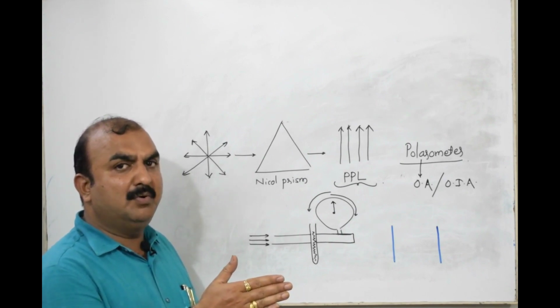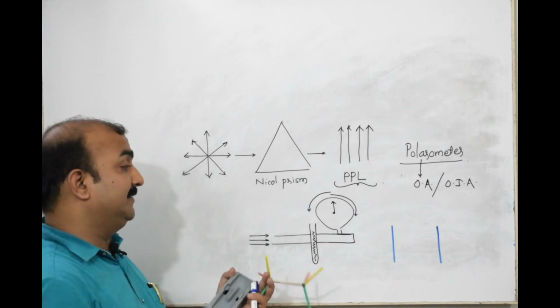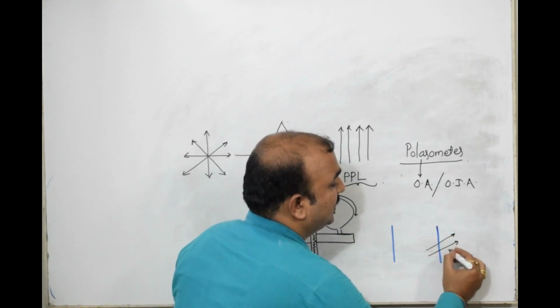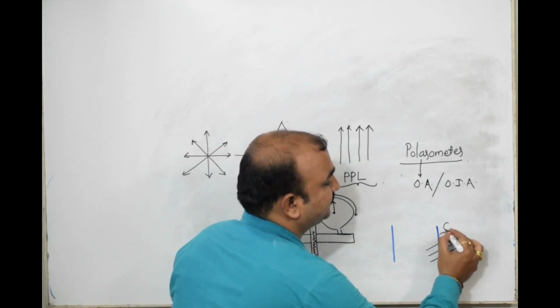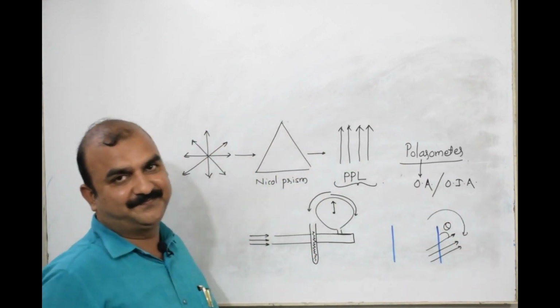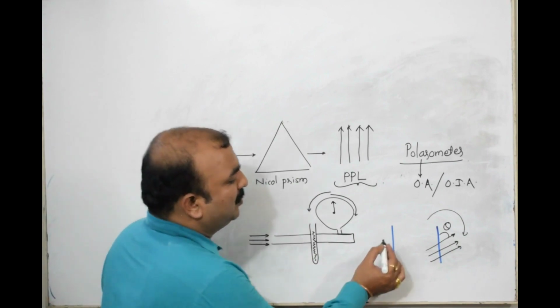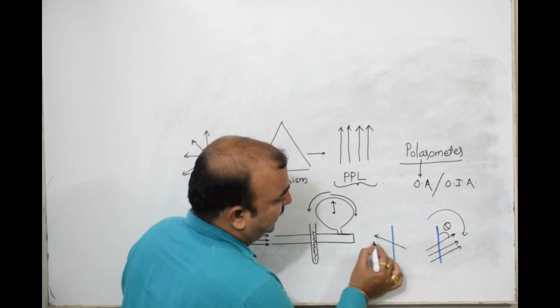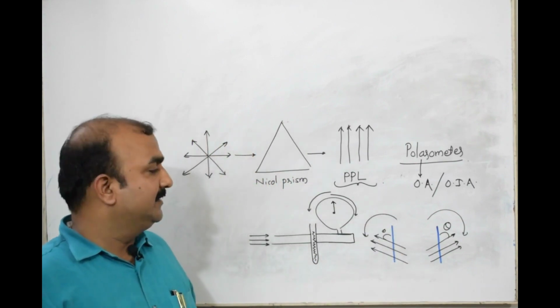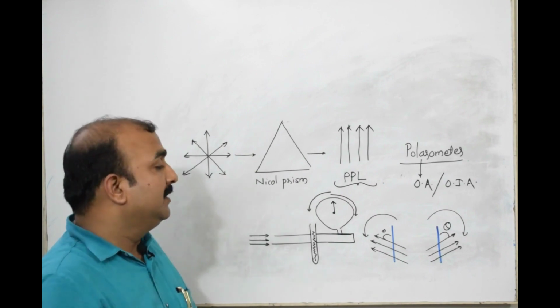If the compound rotates the plane of the polarized light in the clockwise direction, the needle shows clockwise deflection. And if the compound rotates the plane of the polarized light in the anti-clockwise direction, the needle shows anti-clockwise deflection. Have you understood?